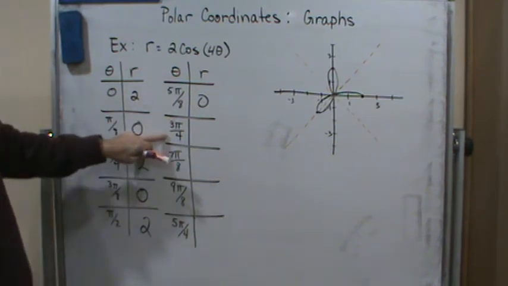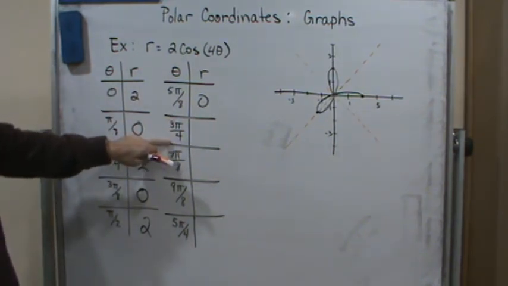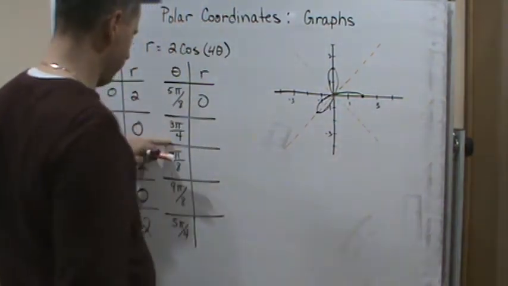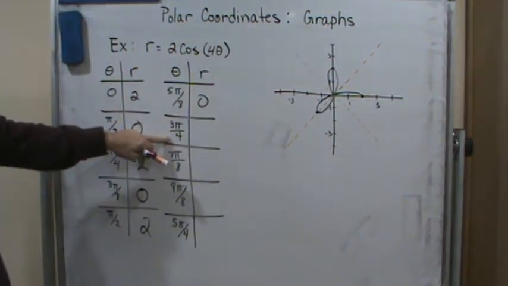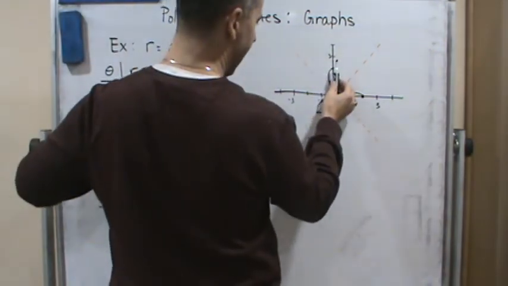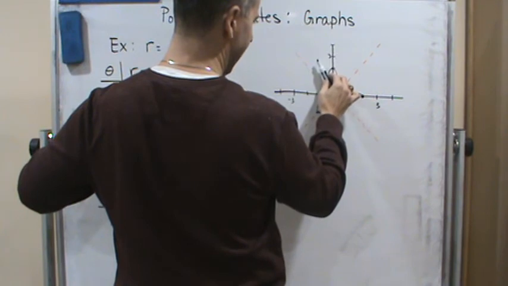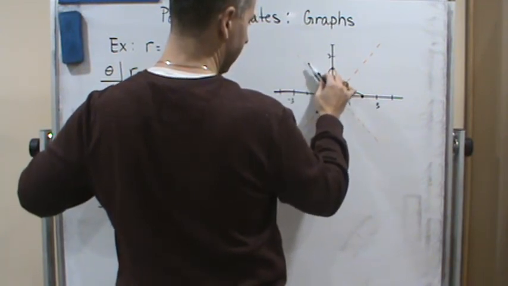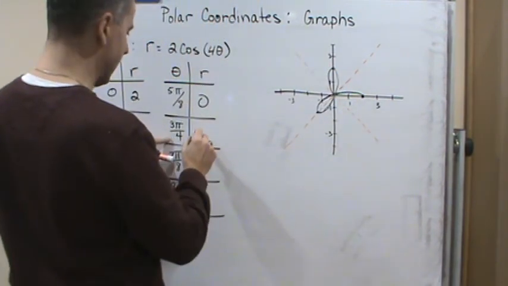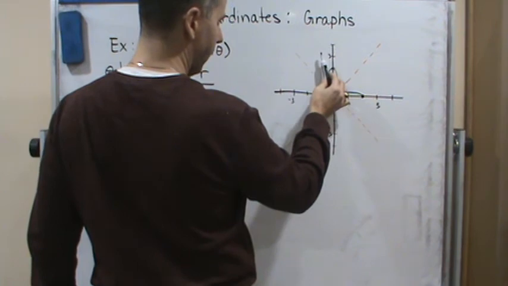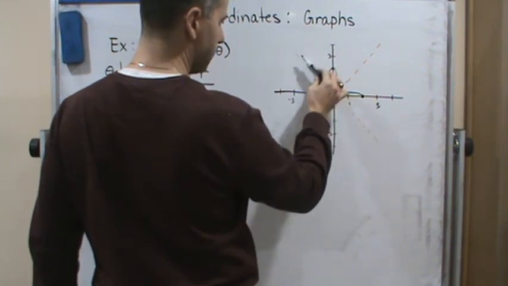But now, look at it. Now it's going to go to another 45-degree angle. So now, from here, it's going down to here. Okay? But I'm going to 90 to another pi over 8. And now I'm going to this here, but now it's going to negative 2. So again, I'm going from 90 plus another pi over 8, and then another pi over 8, which is pi over 4.